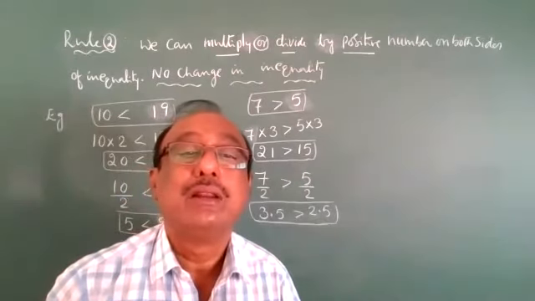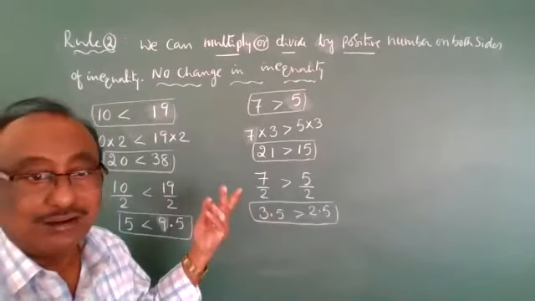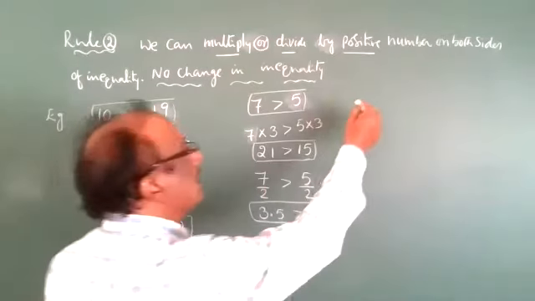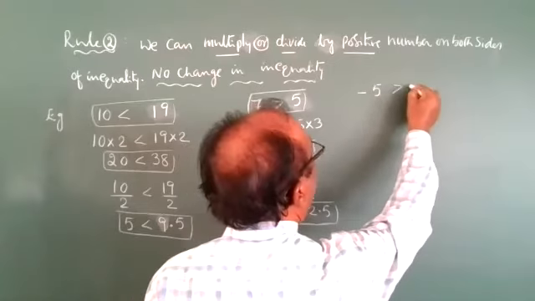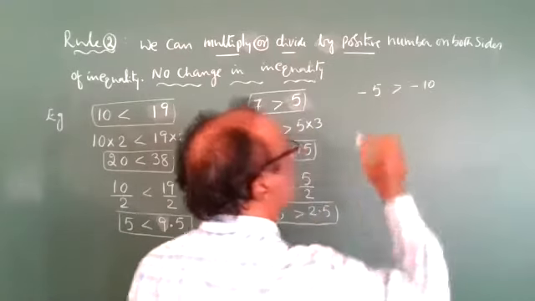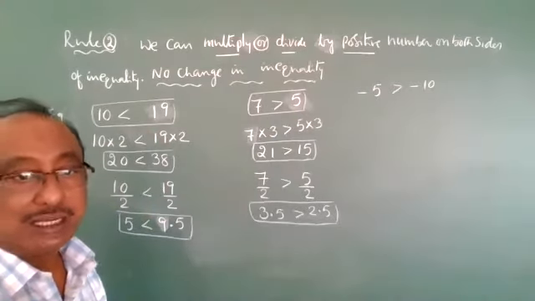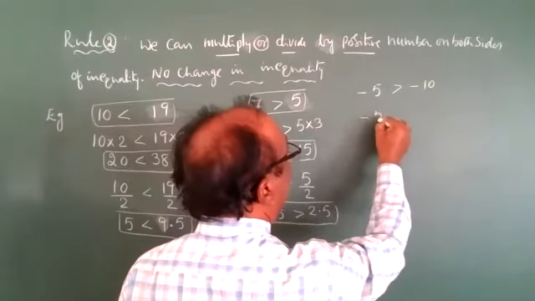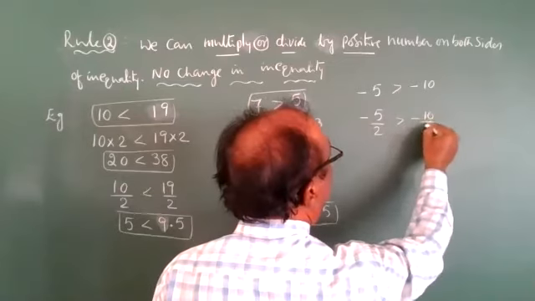Now, why not negative divisions? I didn't tell about minus numbers. Minus numbers also you can take. Minus 5 is greater than minus 10. Okay, na? Divide by 2: minus 5 by 2 is greater than minus 10 by 2.